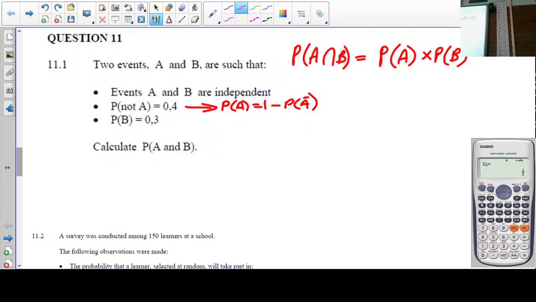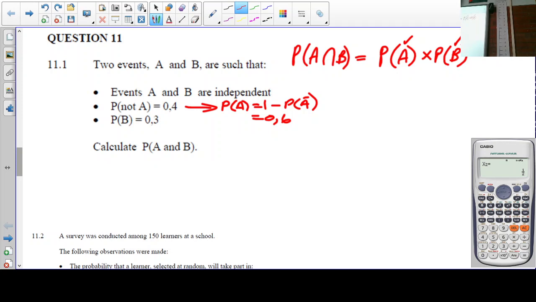A and not A will always add up to give you 1. Okay? So which means the probability of A is 0.6. So I got that. You see the probability of B is 0.3.